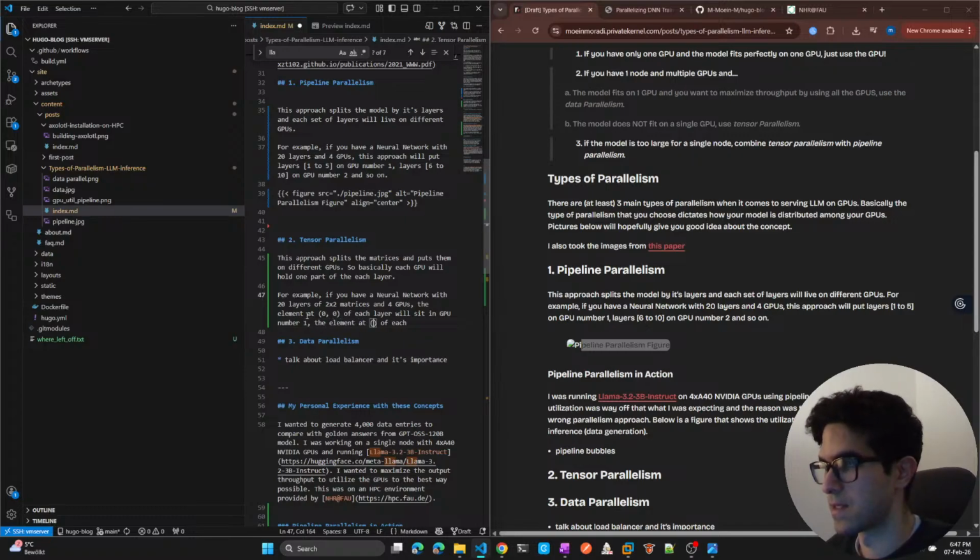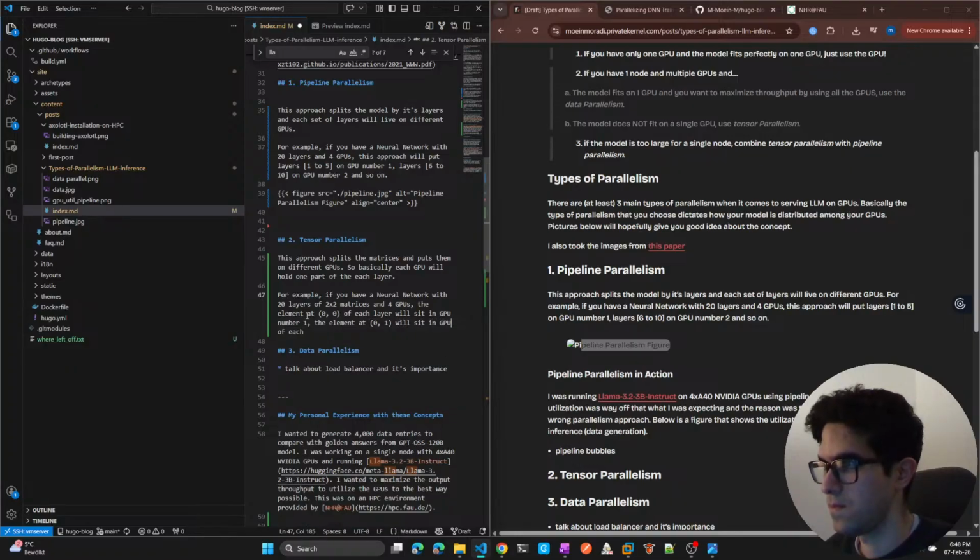The element at 0 and 1 in GPU number 2, and so on.